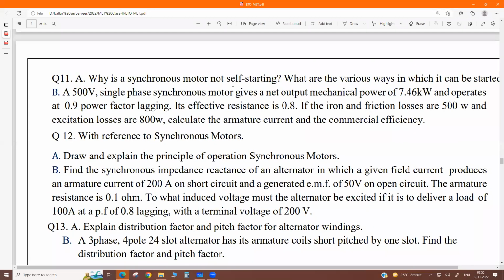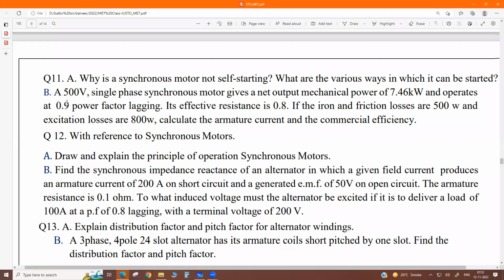Why is a synchronous motor not self-starting? What are the various ways by which we make it self-start? A 500 volt single phase synchronous motor gives a net output mechanical power and operates at 0.9 power factor lagging.